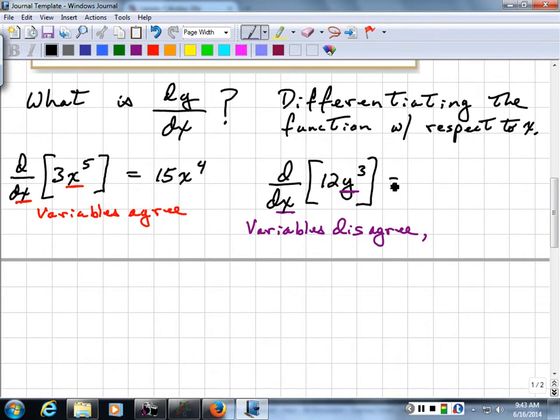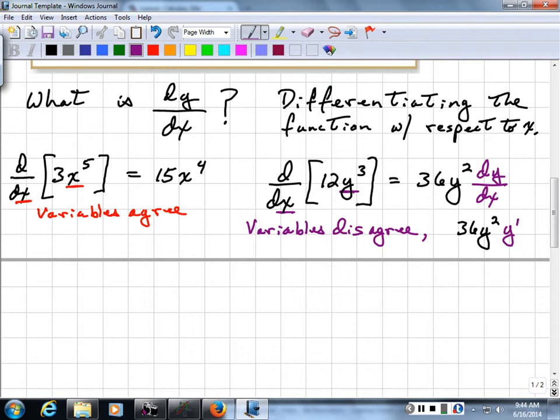That means that I'm looking at 36y squared, but since I have to indicate with what respect I took the derivative, I'm going to write dy over dx as part of the answer. I could, if I so desire, write it like so. It does not matter. It means the same thing.